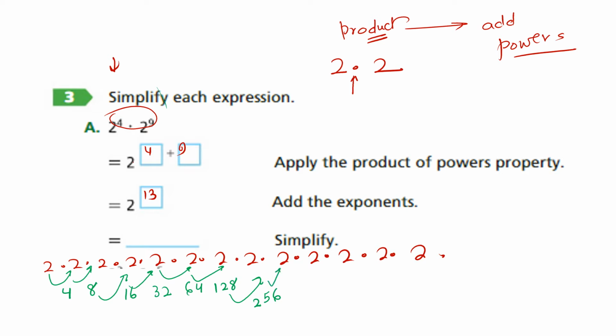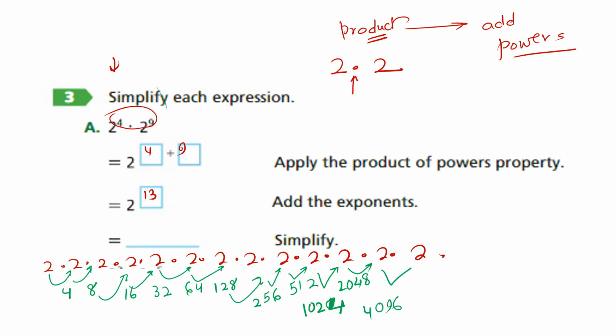Now 256 times 2 will give you 512. 512 times 2 will give you 1024. 1024 times 2 will give you 2048. 2048 times 2 will give you 4096.